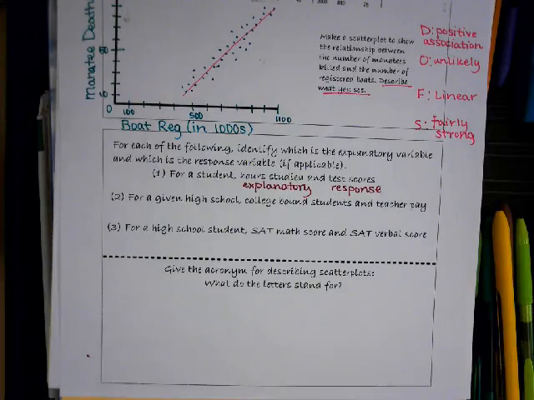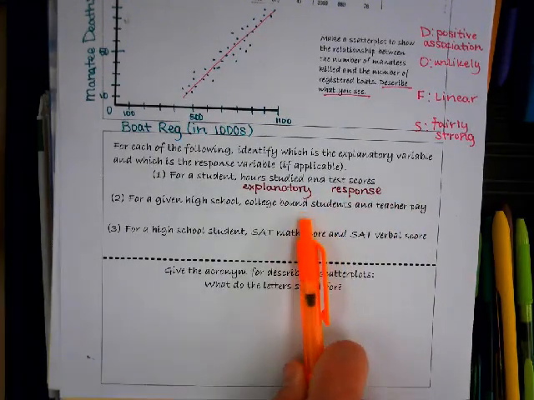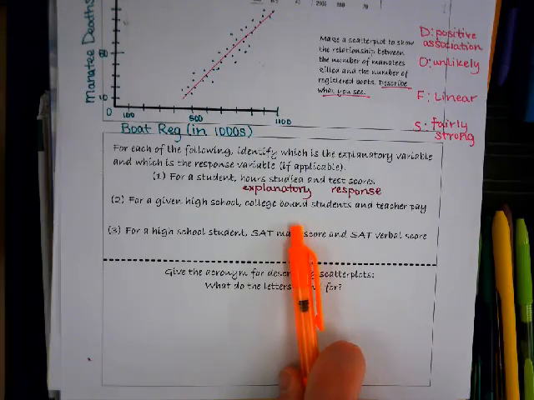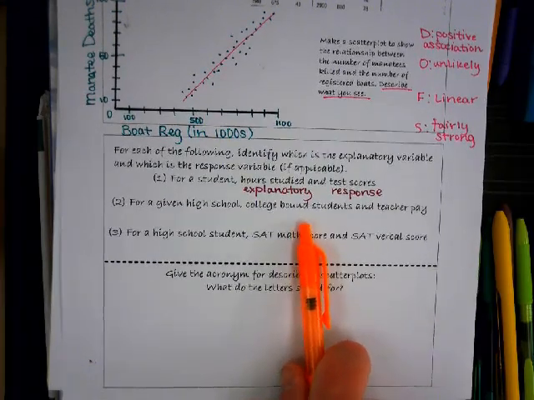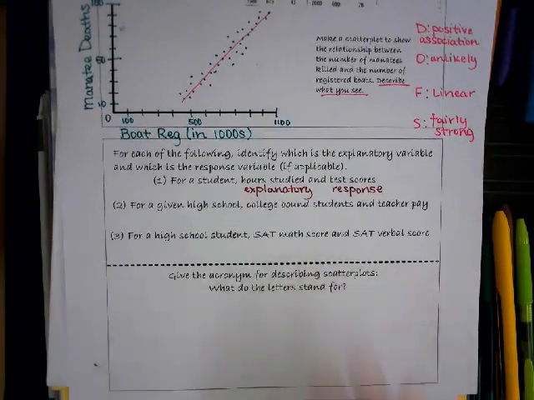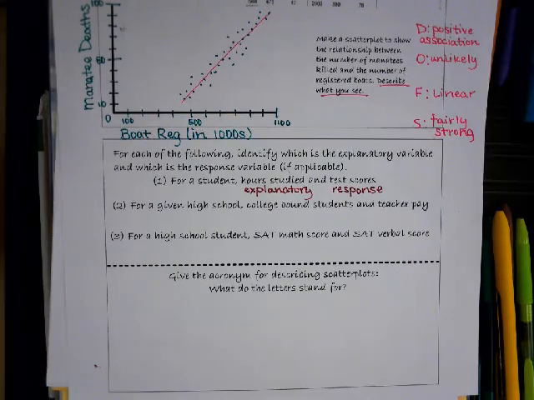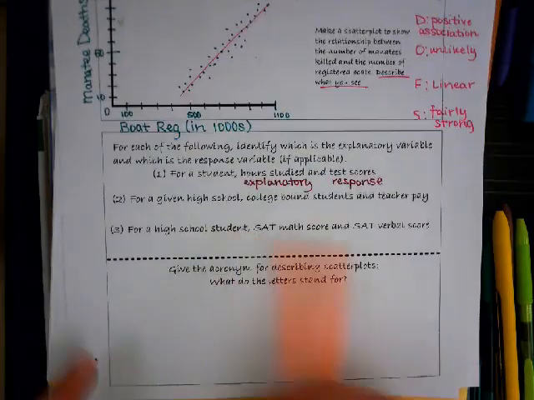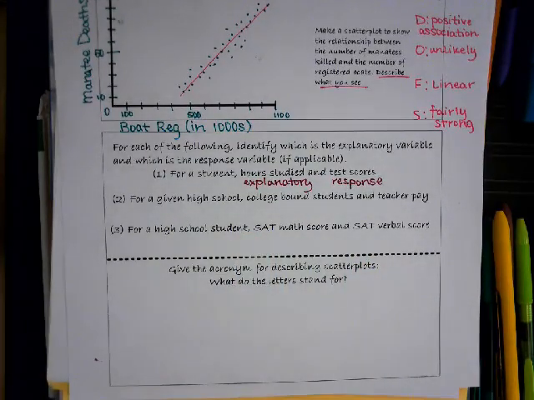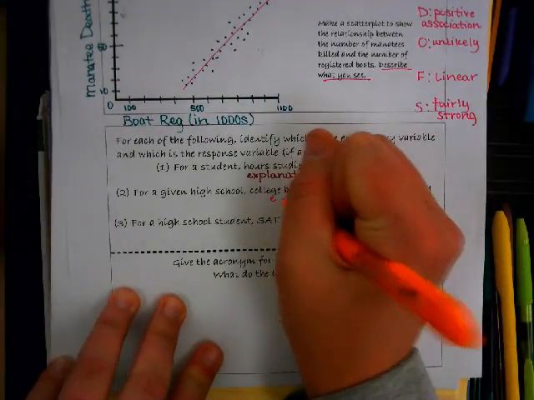So you think teacher pay is the response to college-bound students? You both think so? Some districts do merit pay, so teachers get paid more depending on whether their students are successful or not. College-bound students could be a measure of success. So you could argue that this one's explanatory, and teacher pay is the response.